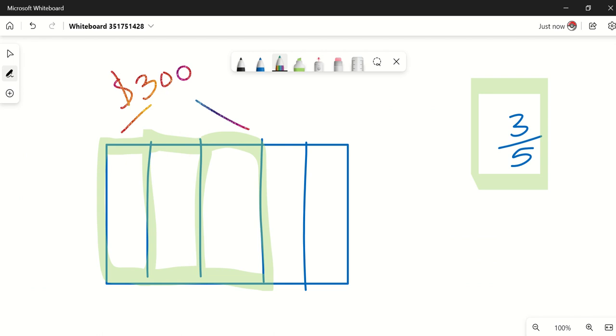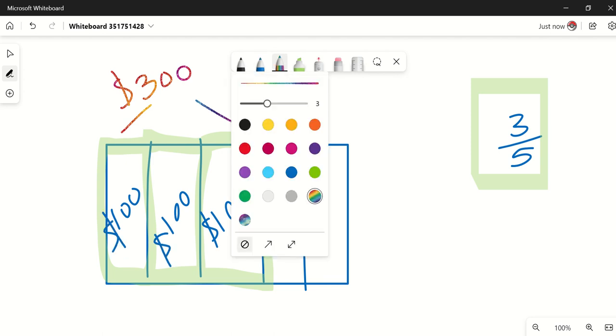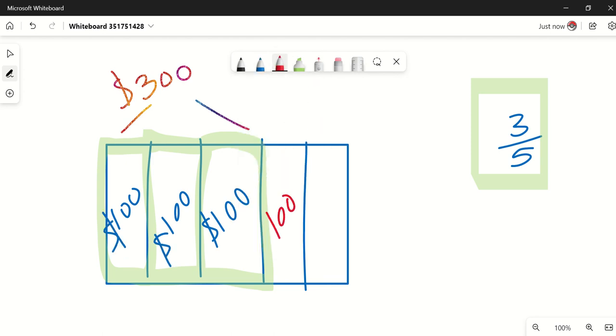Divide 300 by the equal pieces that are here, which are 3. 300 divided by 3 would mean $100 for each part. That would mean that these two spots are also $100 each, which means the missing part here is 200.